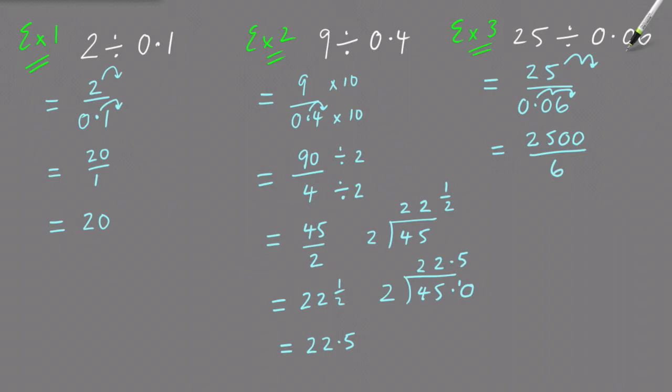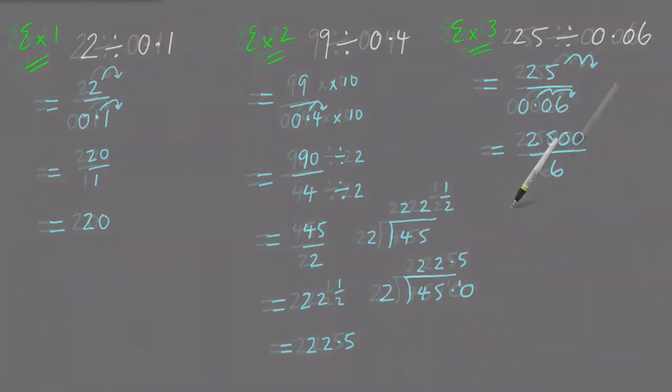So really what's happening each time in these sums is you're changing this decimal into a whole number, which then makes the division a lot easier. It's quite hard to do a short division with a decimal out the front. In fact, I never do it that way because it's just too hard to figure it out.